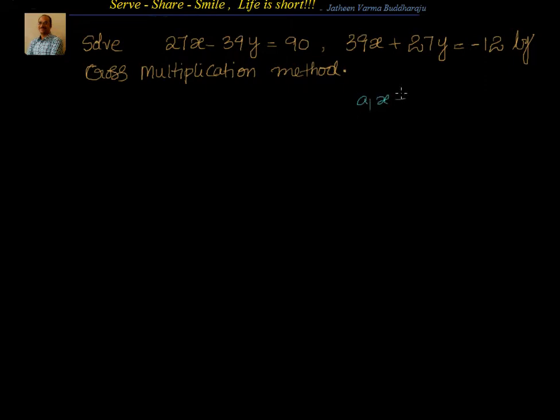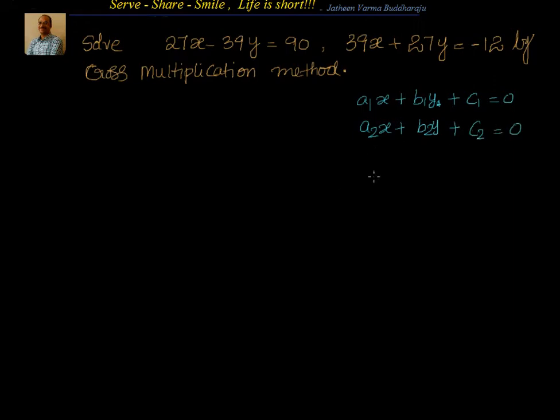a1x plus b1y plus c1 equal to 0 and a2x plus b2y plus c2 equal to 0.